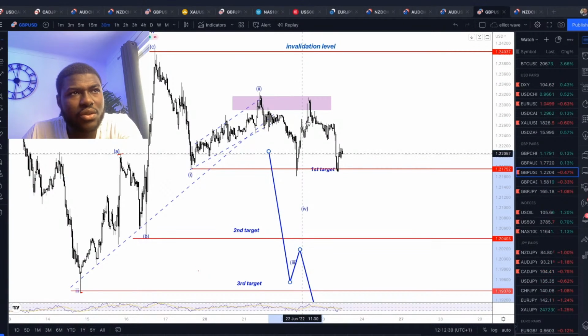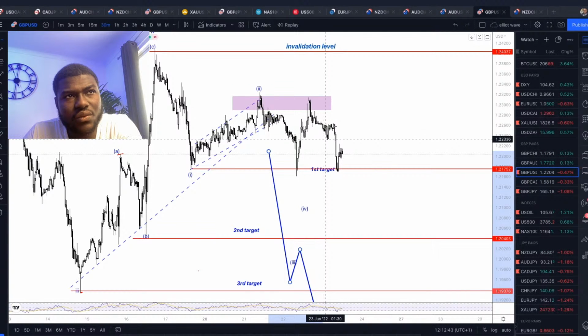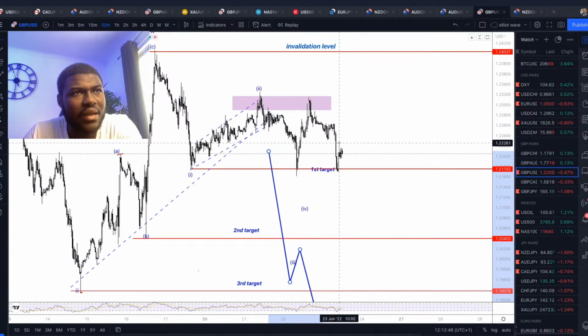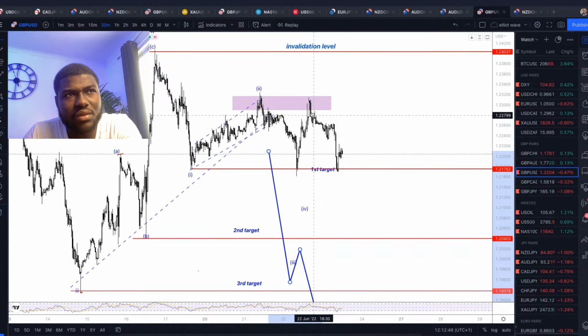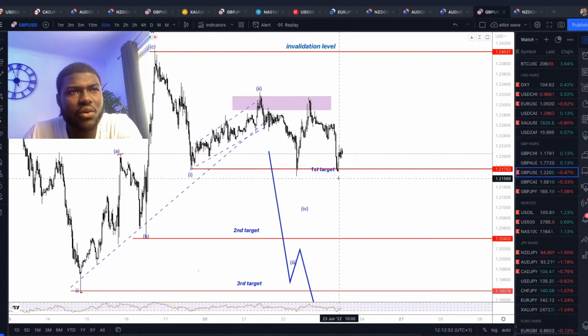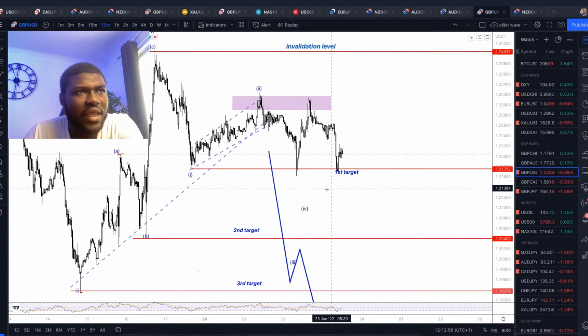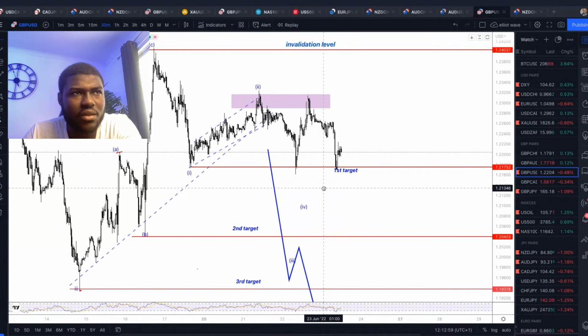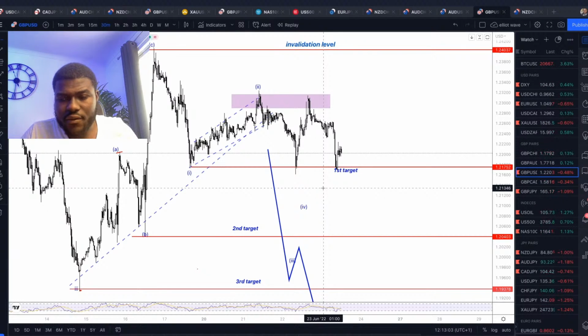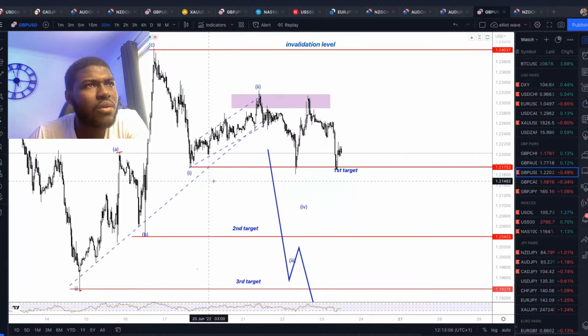So these also look like an ABC correction to the upside, and what is happening right now also looks more like a correction. 1, 2, 3, 4, 5, A, B, C. Though market has gotten to our target, we have to think and see what is happening on the lower time frame and conclude based on our trading principle.